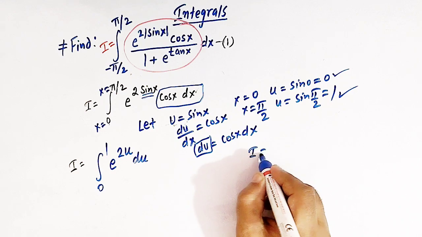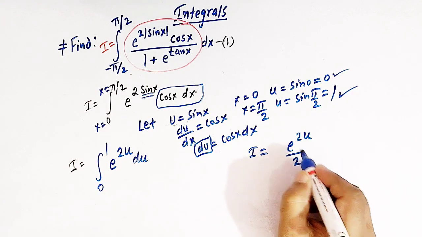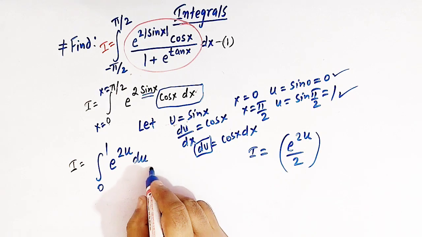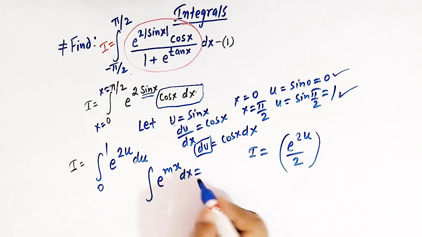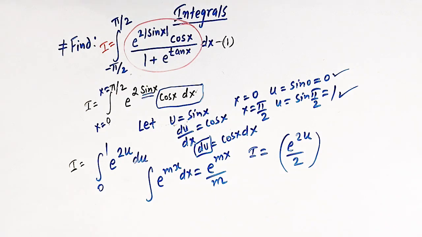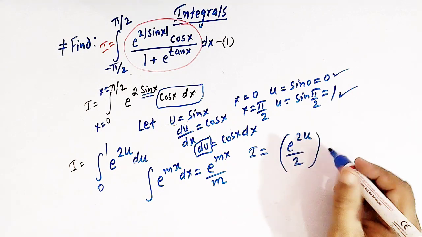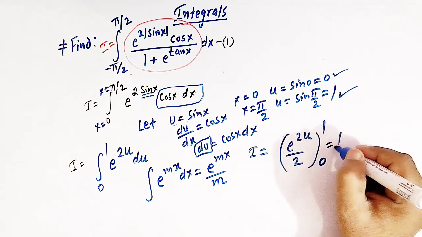So now we have a simple integral. So the value of this integral is e raised to 2u over 2, right? Because we know that integral of e raised to mx dx is equal to e raised to mx divided by m, right? Okay, so the limits are from 0 to 1, right? So let us take half outside.